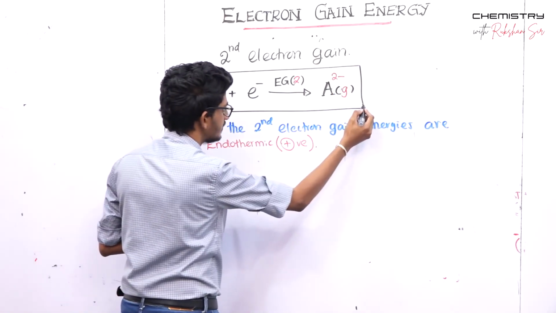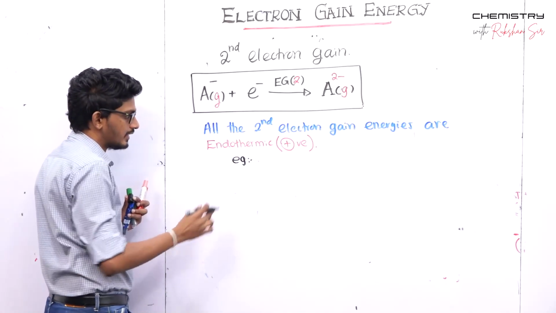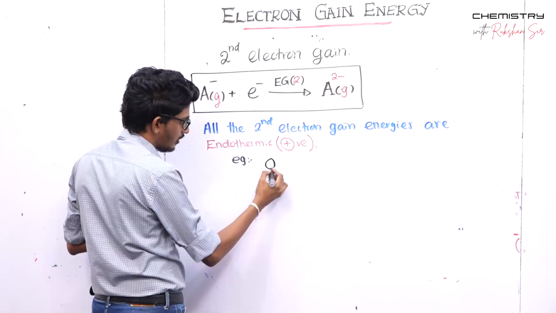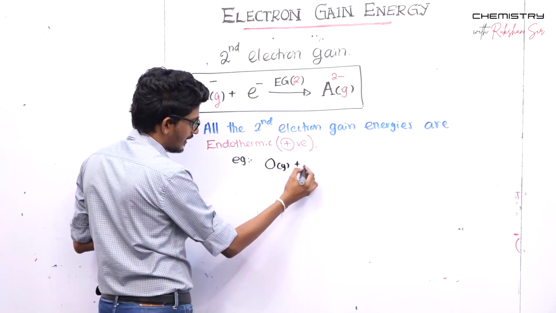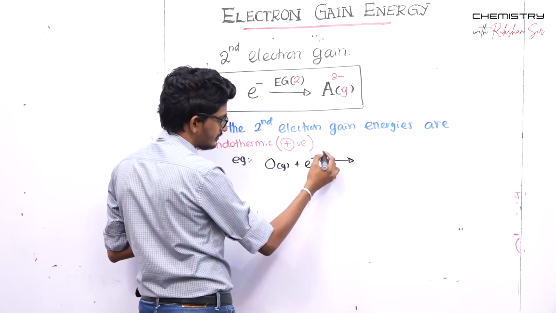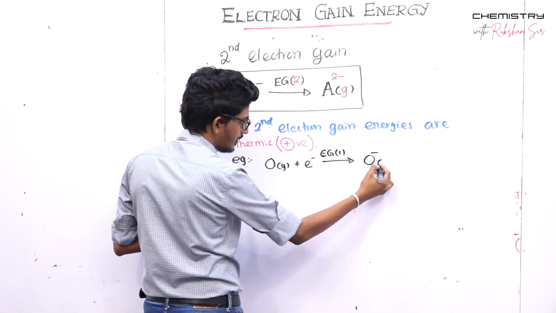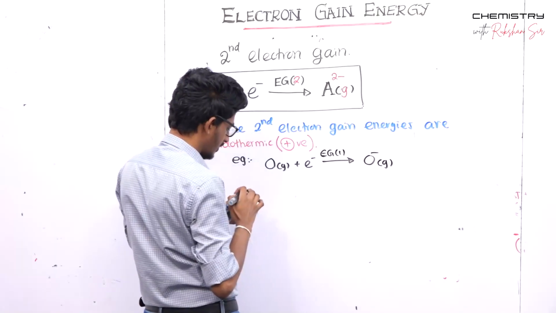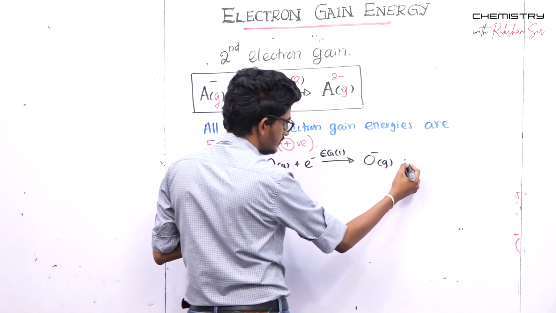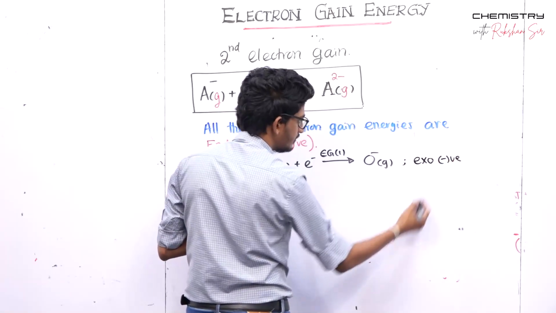Even for oxygen, it is the same. Oxygen gas gaining the first electron, the first electron gain, is exothermic. This is exothermic, negative.